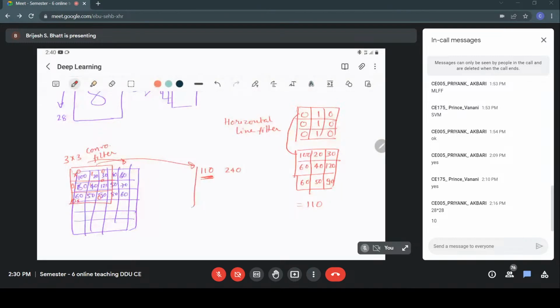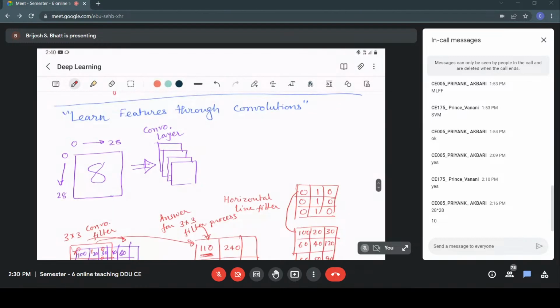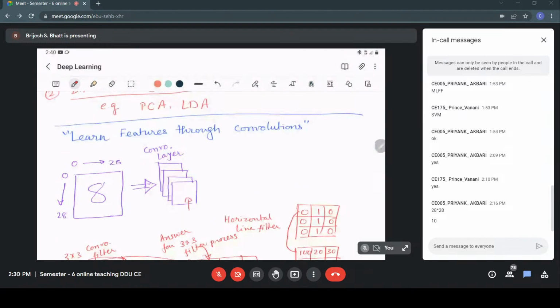So I will have a smaller representation of the image where every cell is the answer for a three cross three filter process. So you process 3 cross 3 data through a filter and you put the answer in a cell. That is the convolutional layer. So this is the answer that you get at the convolutional layer.